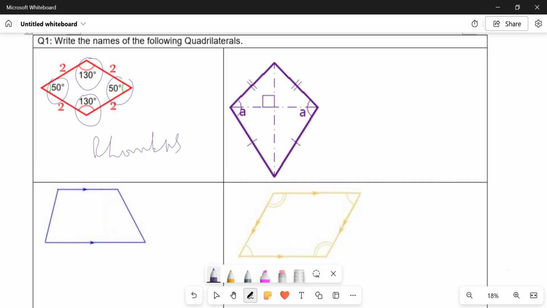And we have revised the definition of rhombus in the previous part. Okay, now the second diagram. Second diagram, do you think this is a rhombus? No, this is not a rhombus, but this is a type of a rhombus, right?